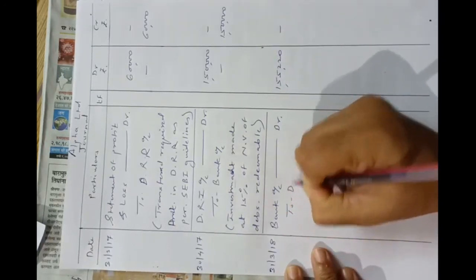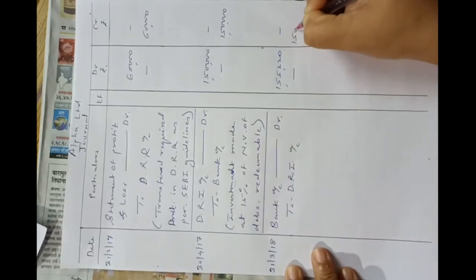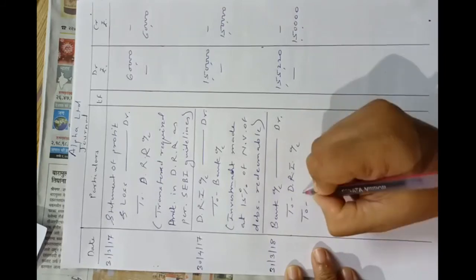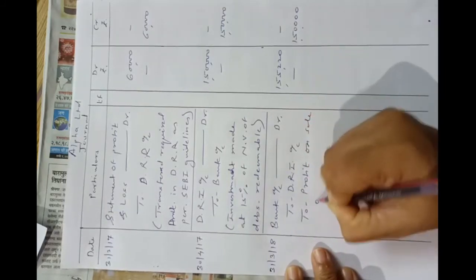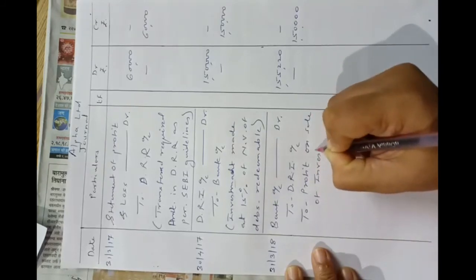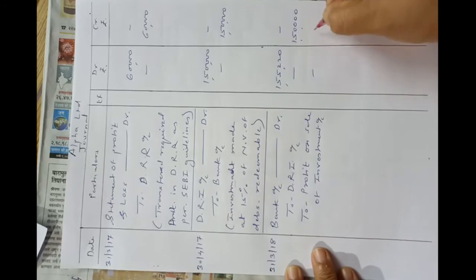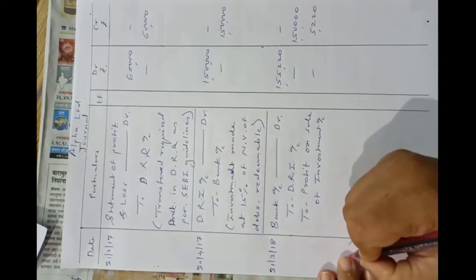To DRI, debenture redemption investment account, 1,50,000, and to profit on sale of investment account. As per our calculation, 5220 is their profit on sale of this investment.